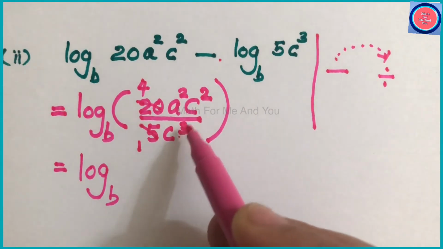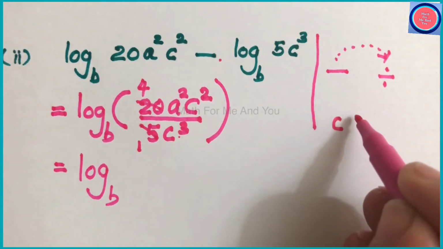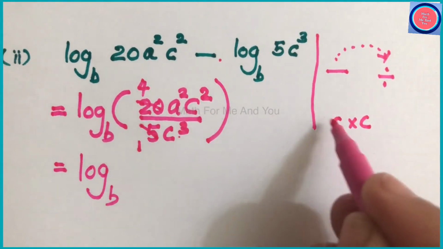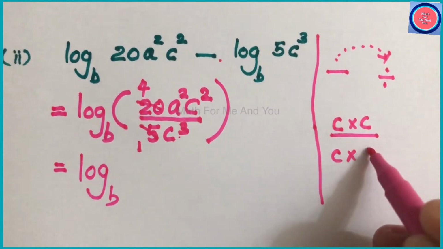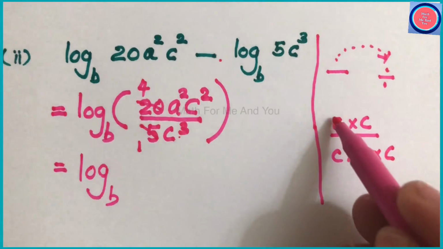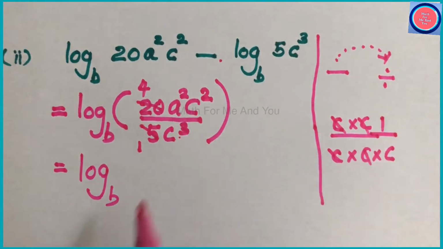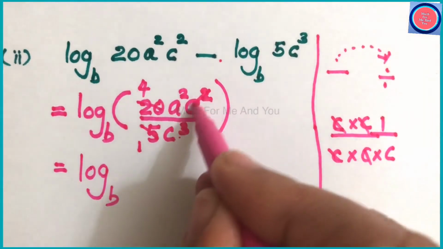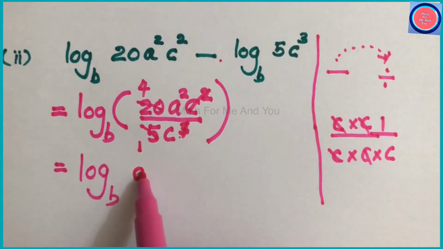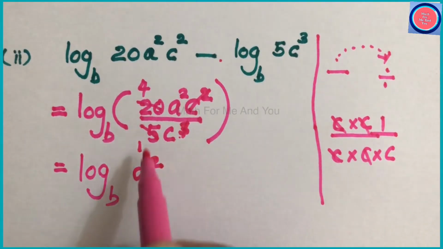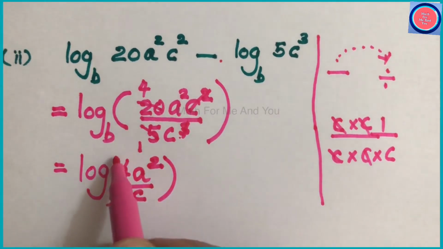After cancelling, we get c in the denominator, because c power 2 means c times c, and c power 3 we can write as c times c times c. After cancelling, we get 1c in the denominator. So we can write 4a square numerator and only c denominator. Log 4a square over c to the base b.